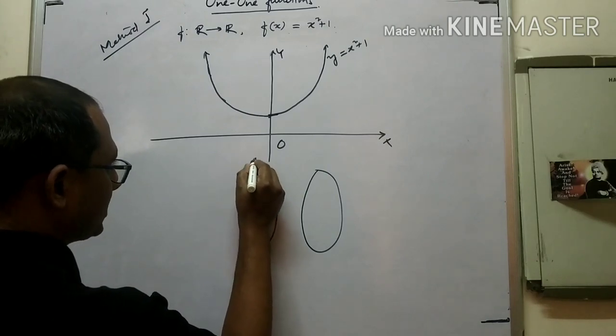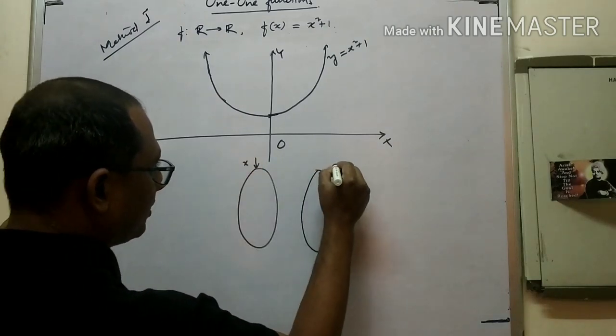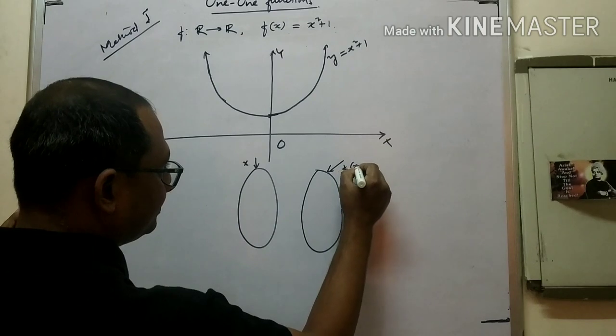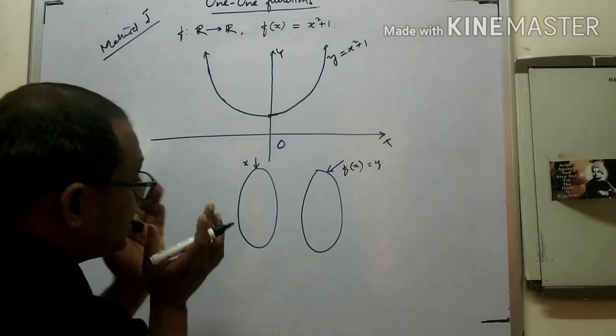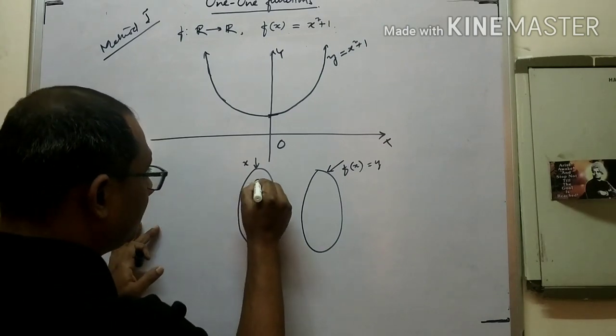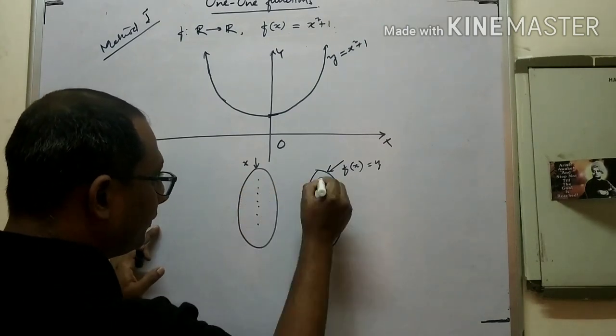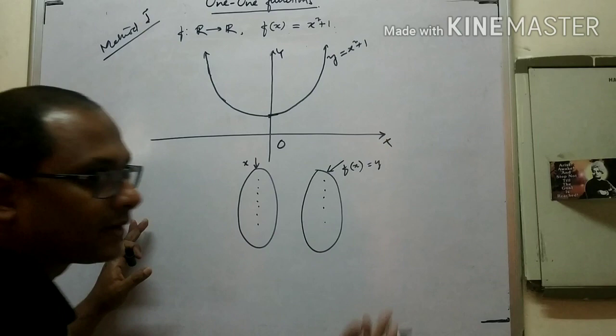Here are the values of x, and here are the values of f(x) that we say y. Right? So a function will be 1, 1 if for different values of x we'll get different values of y, that is f(x).